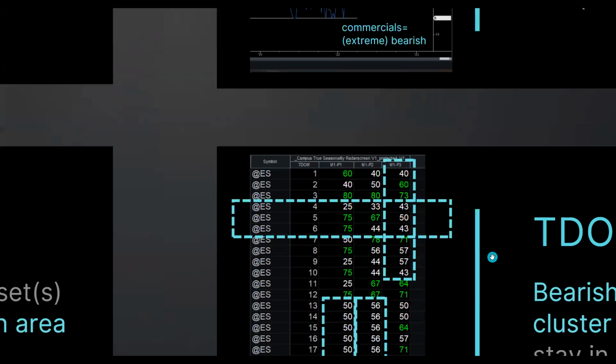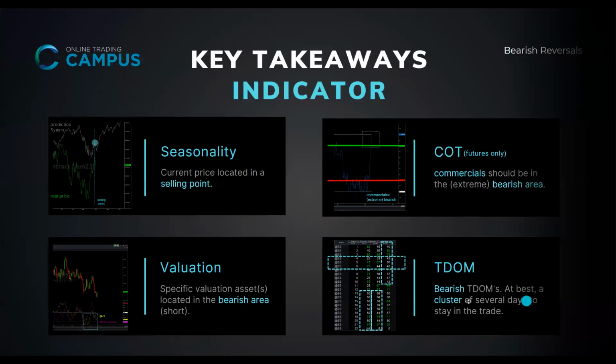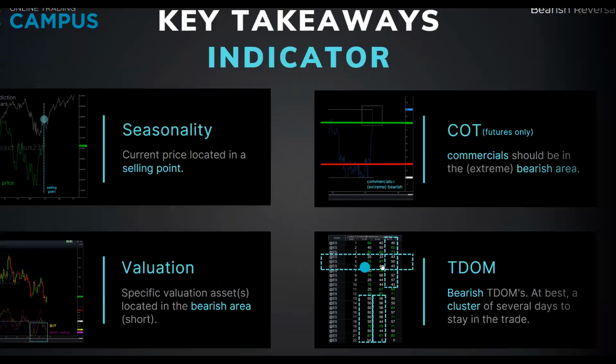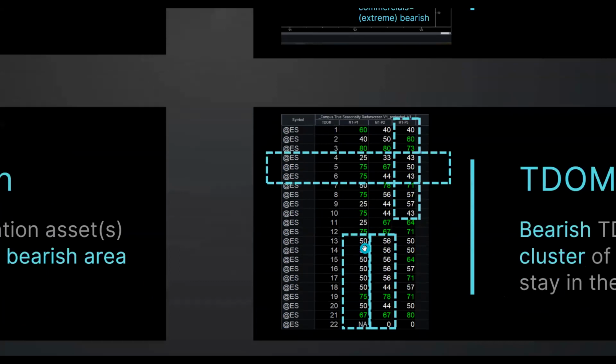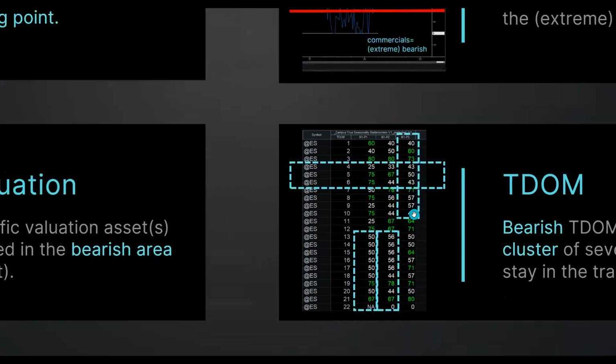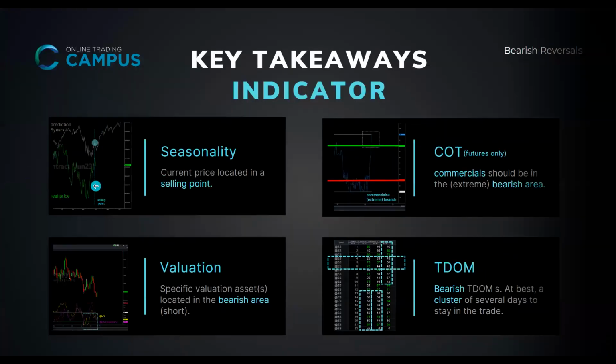The best of the best would be bearish trading days, completely gray like this one here, like 50% or less. This would be nice. Or here, this cluster and this cluster. We need bearish days. That means this is a real analysis.